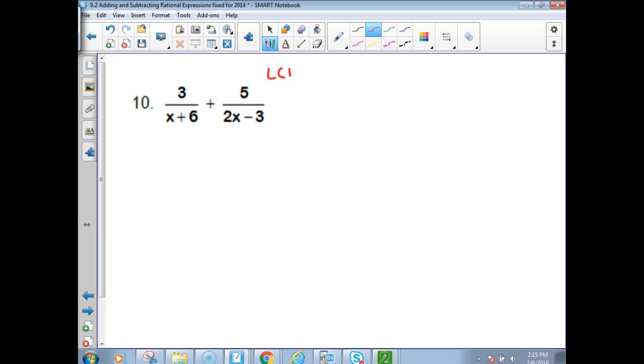Because the LCD would be x plus 6 times 2x minus 3. You have to use both of them. So I'll multiply the first one by 2x minus 3, top and bottom. That's what you're doing. The second one by x plus 6, top and bottom.